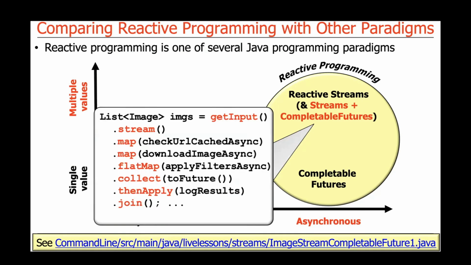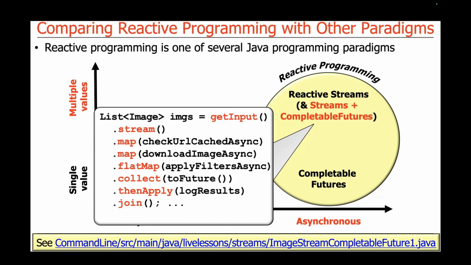And here's an example, again, from my image stream gang case study where we get a list of URLs, we turn it into a sequential stream of URLs, and then we apply the map operations to asynchronously check and see if something's been downloaded already and cached. For things that are not downloaded and cached already, we asynchronously download them.